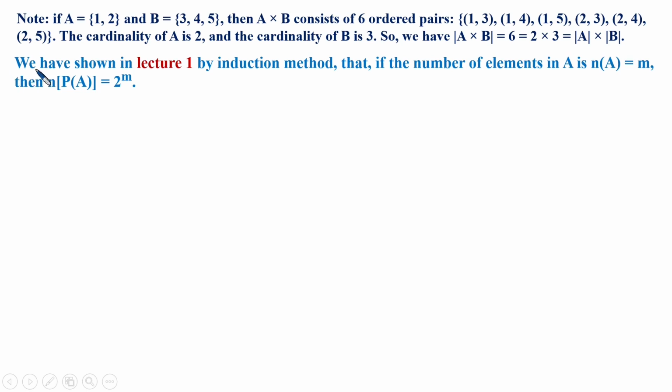In our previous lecture, lecture 1, we showed by the induction method that if the number of elements in A, that is n of A, is m, then the number of elements in the power set of A is 2 to the power m. So please kindly go to my previous lecture and see this proof. And note here, this is slightly different from what I said in the previous slide, so go to the previous slide and check it.